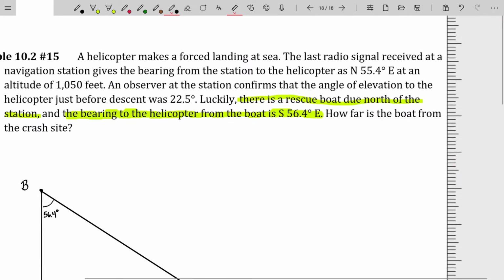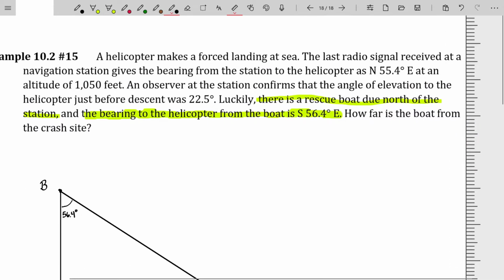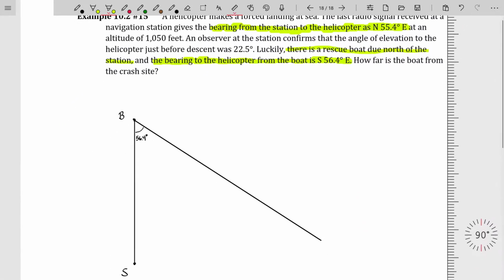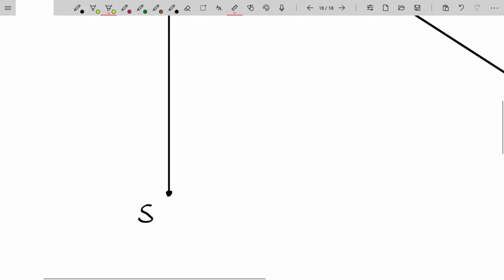Well, from the station, let's see. The last radio signal received at the navigation station gives the bearing from the station to the helicopter as north by 55.4 degrees east. So from the station, they're going to face north and turn by 55.4 degrees to the east to face where the crash is.